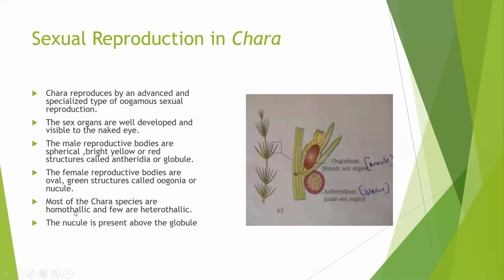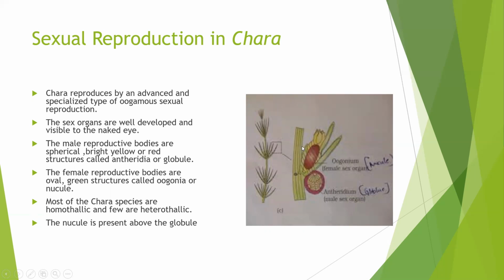Homothallic means both the sex organs, that is antheridium and oogonium, occur on the same thallus. And heterothallic means the male reproductive organ is present on one thallus, and the female reproductive organ, that is the nucule, is found on different thalli. That is called heterothallic.